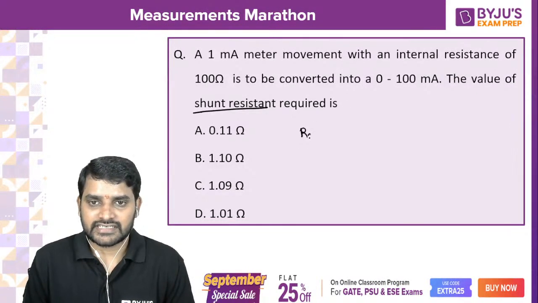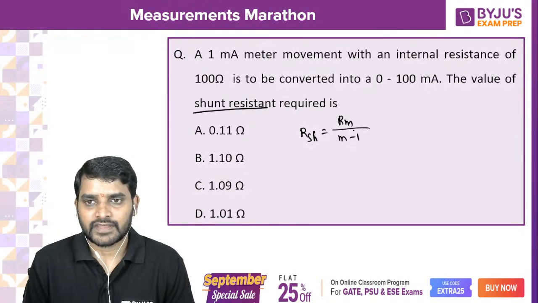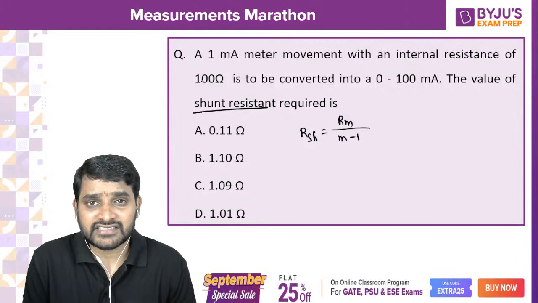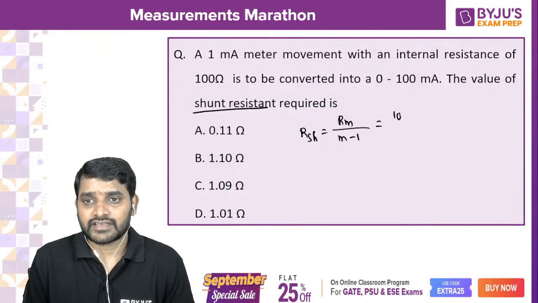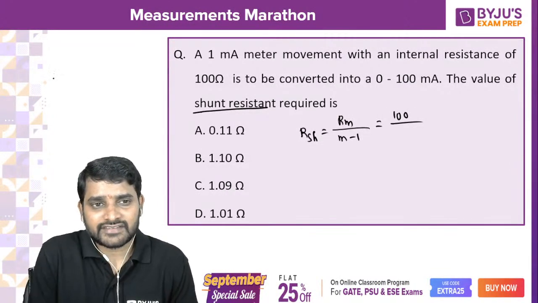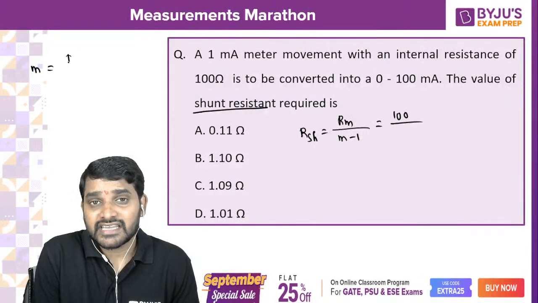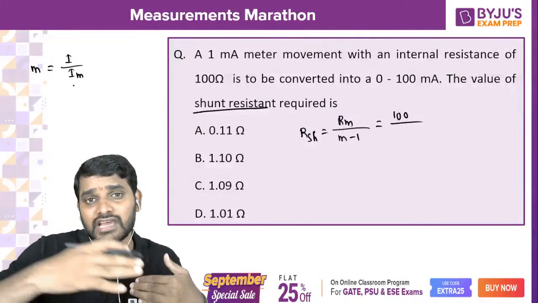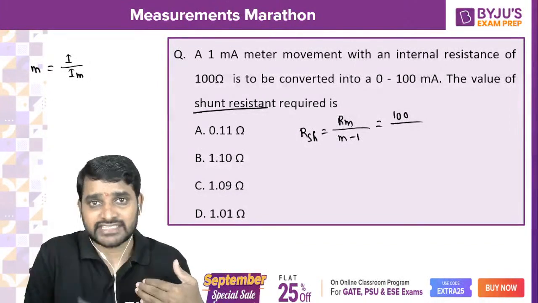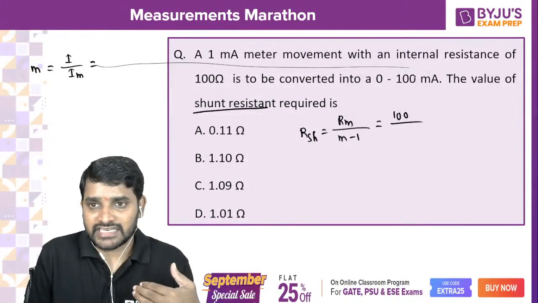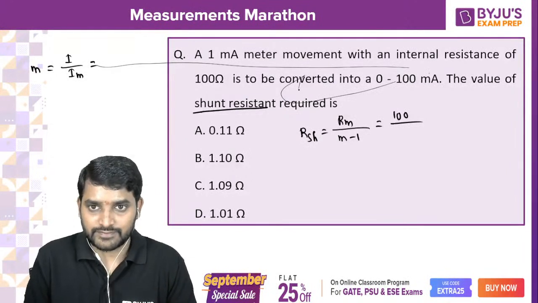So just now I said Rsh is equal to Rm by M minus 1. Rm is the meter resistance, that is 100. M, what is the multiplication factor? M is the extended value, that means to what value of current you want to extend? So that is I. So I wanted to extend up to, I'm so sorry.